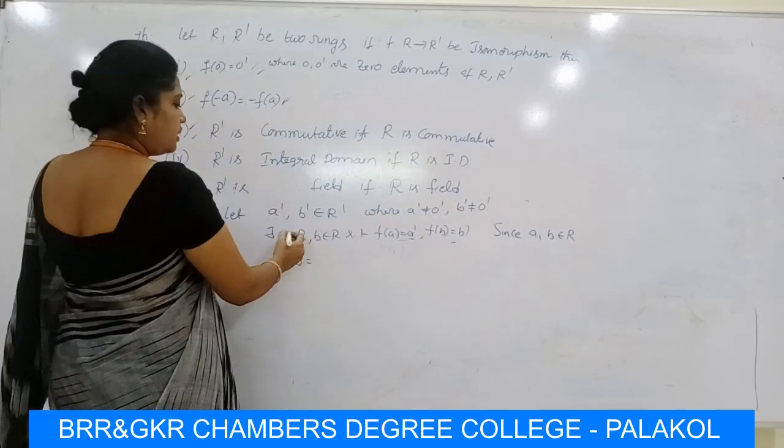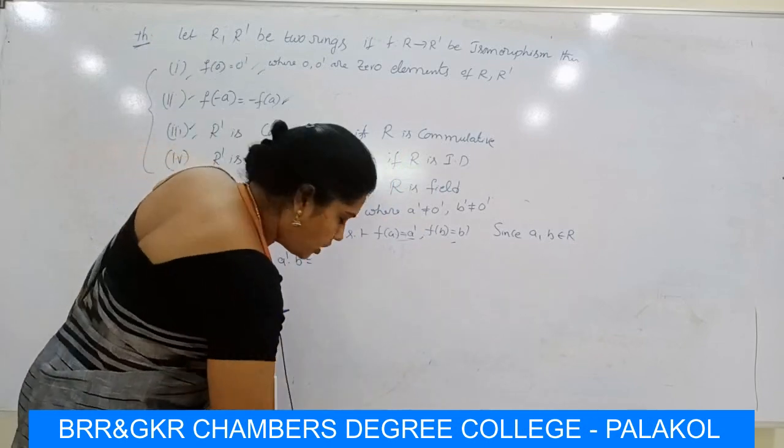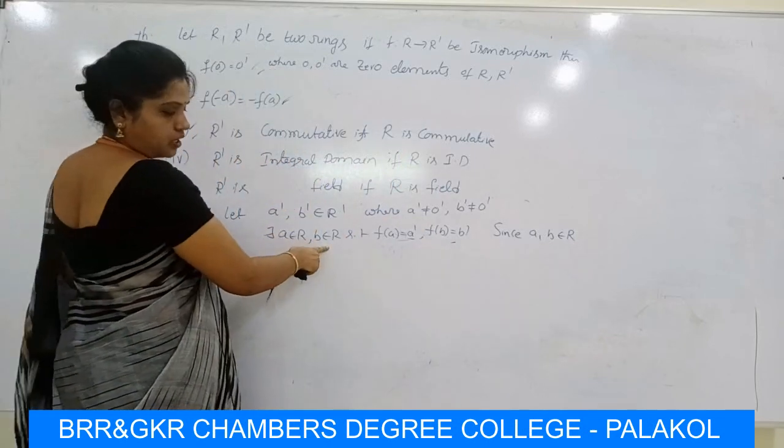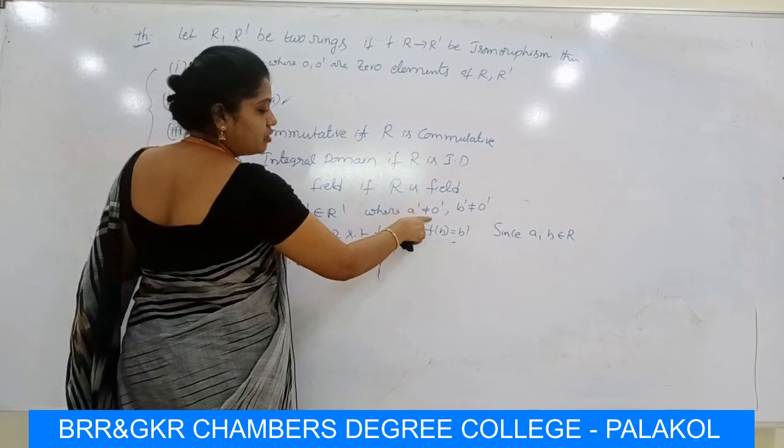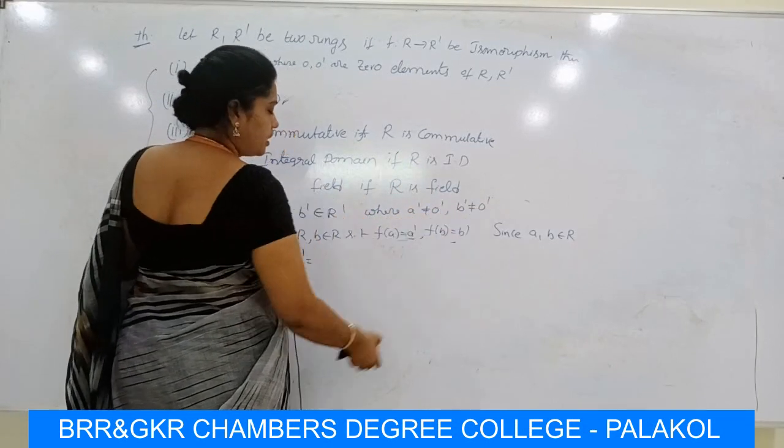So here a belongs to R and b belongs to R, because a' is a non-zero element and b' is also a non-zero element.